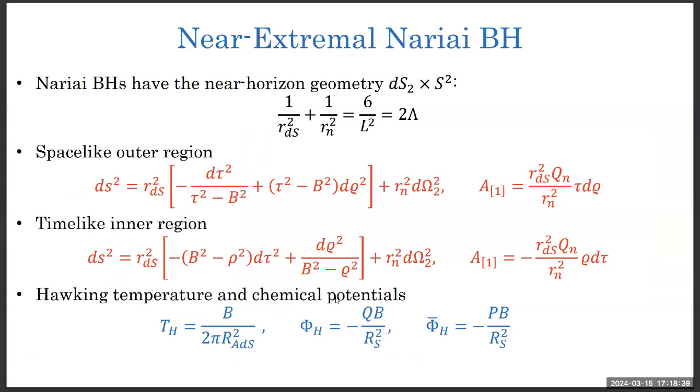the near horizon geometry, but in the outer region, just beyond the cosmological horizon, the radial coordinate now plays the role of time. So the two-dimensional metric then looks like an expanding geometry because of tau.